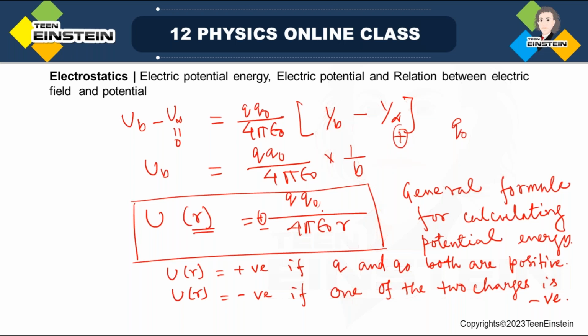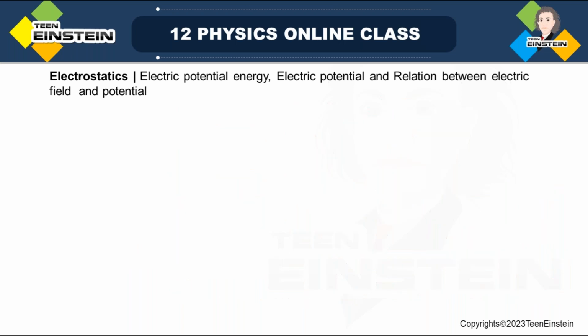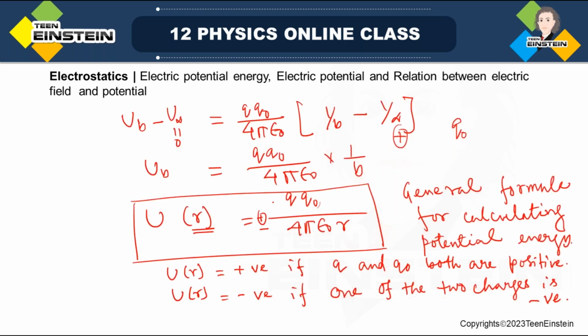So we will not say the phrase electric potential energy of a point charge, because whether this is fixed or this is fixed doesn't matter. We cannot say electric potential energy due to q or due to q0, because they are the same.